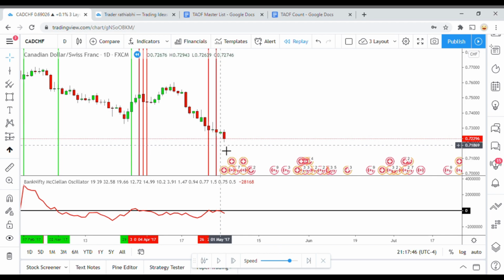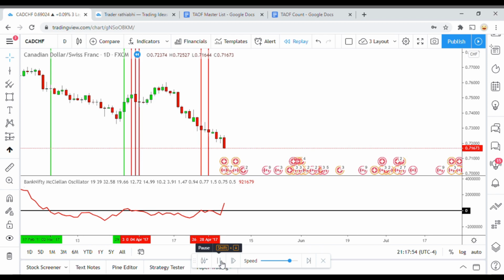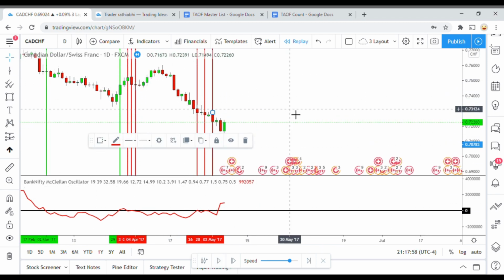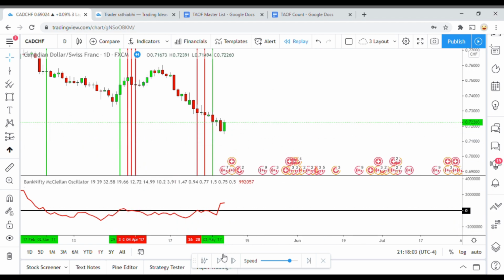Alright, so it threw the long signal right here, then right into a short right here, which is still playing out, and ended up being a good signal right there.